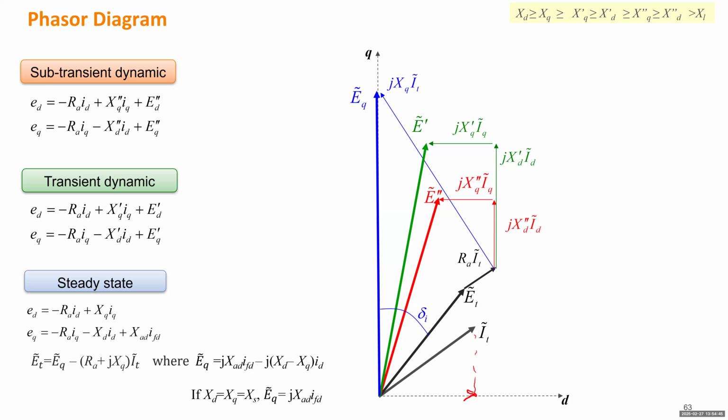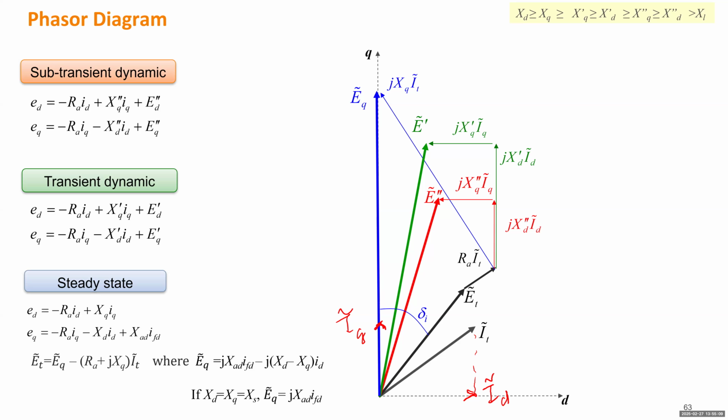we assume there's a little phasor. This is, we call it ID tilde, which is basically just the length of the real part of the current, but the direction is the same as the D axis. And also in this direction, there's the IQ tilde. Okay, basically just two components.